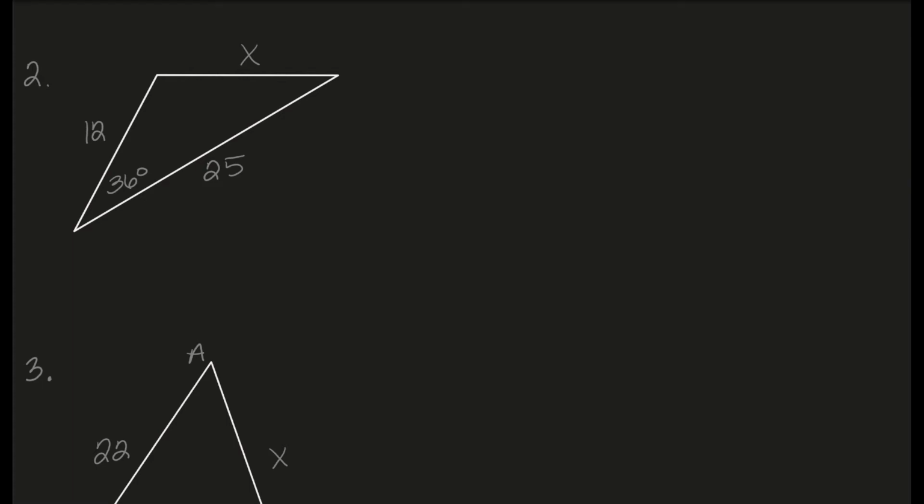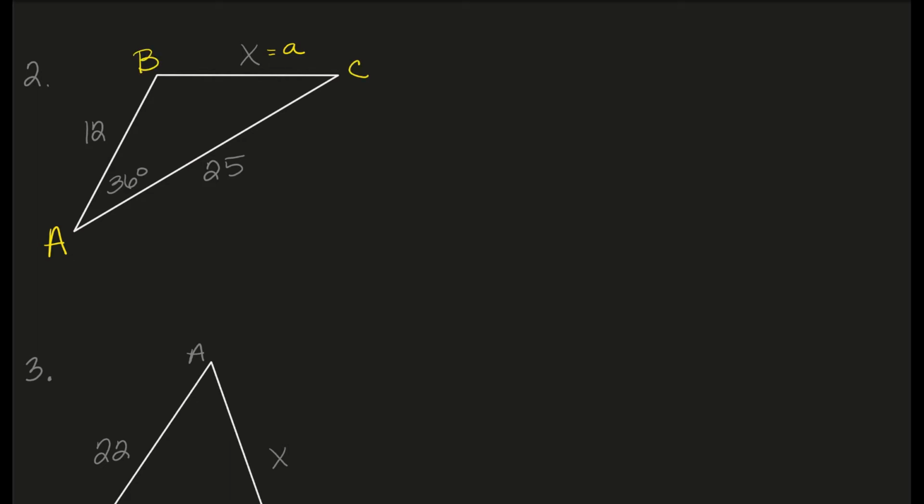So here we have this triangle with 36 degrees. Remember, we're always going to call our angle angle A. And directly across from angle A is leg A. It doesn't really matter how you label the other sides.